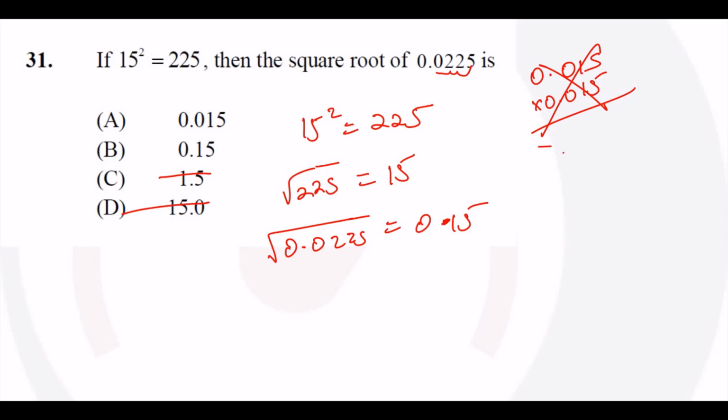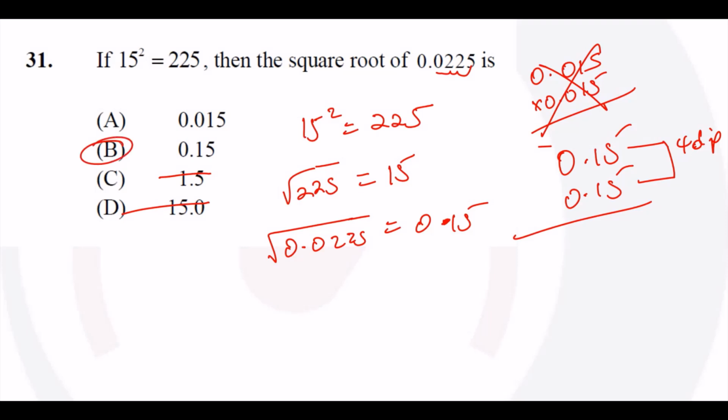So if I multiply 0.15 by 0.15, I'll have 4 decimal places. So we look for the one that has 2 plus 2 decimal places. So that's going to be 0.15. So our answer is B.